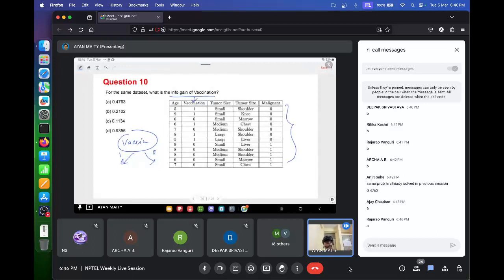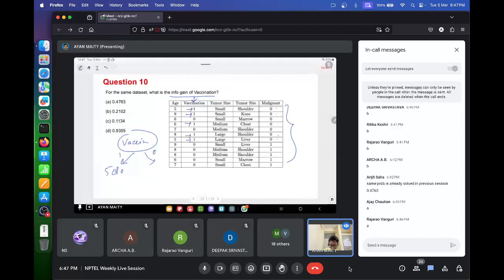If the value of the vaccination is 1, we go to the left subtree, and how many class 0, class 1 we are getting, we have to count from here. So for these vaccination equals 1 data points, all the elements in the left subtree are class 0, which are 1 2 3 4 5. So 5 class 0 elements are there, and no class 1 elements are there.